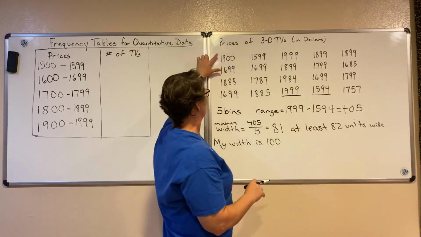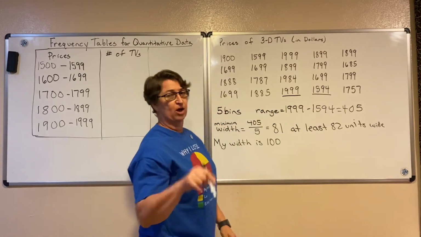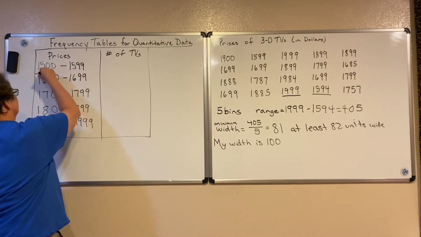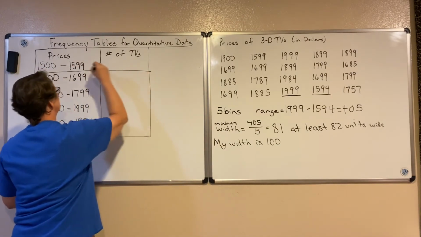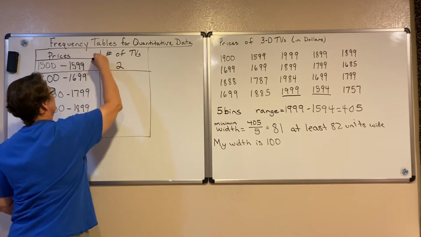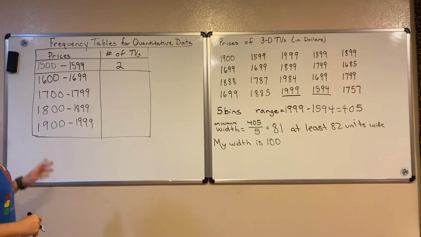Or you could go through each one of them and write down a tally mark until you have them all there. Whichever is easiest for you. I'm just going to count how many are in each range. So there were 2 within that 1,500 to 1,599 range.